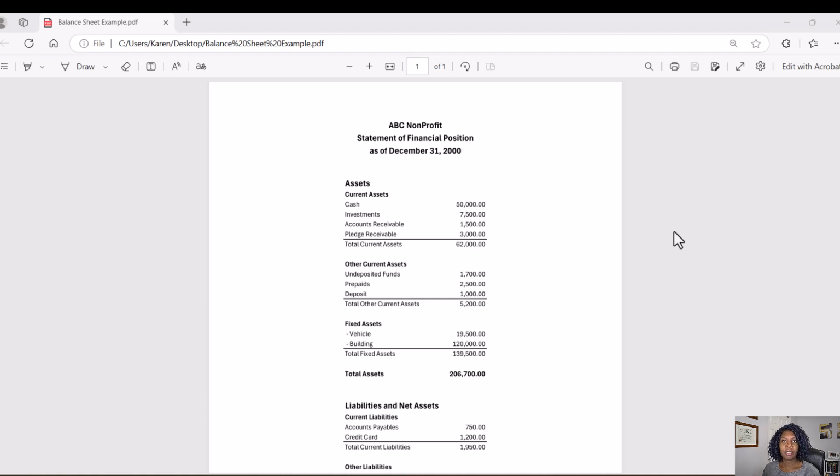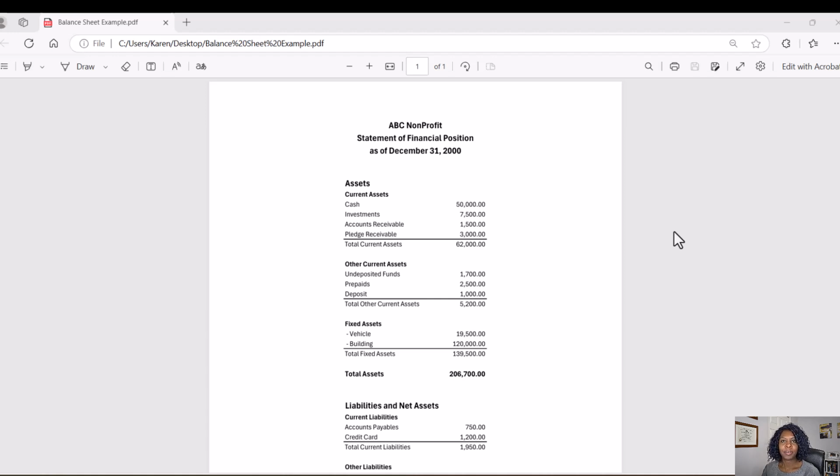So it's good to have an understanding of the statement of financial position so you can see where your nonprofit organization is in terms of finances and financial health.